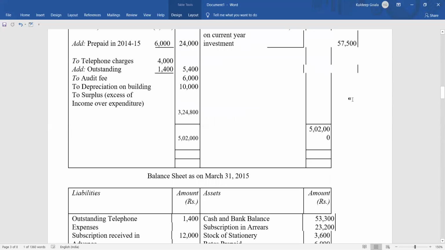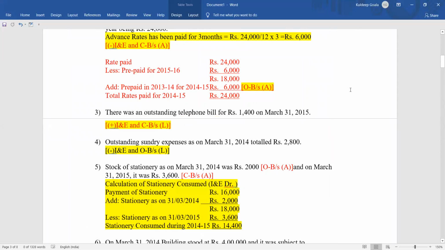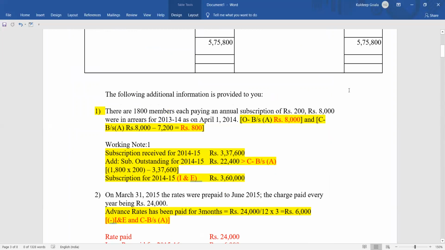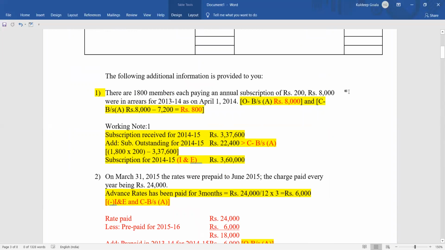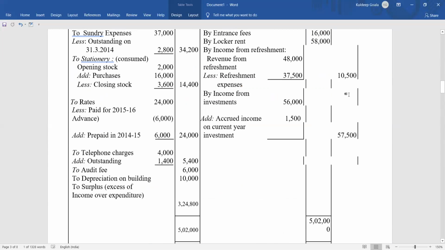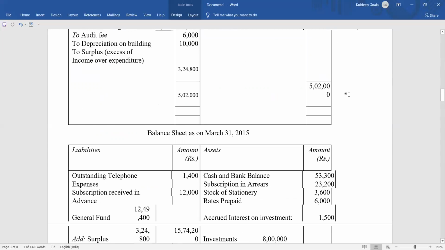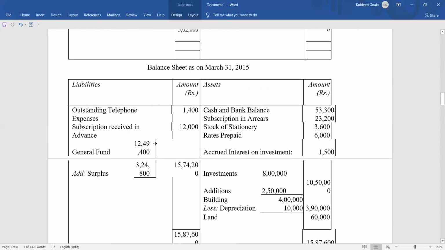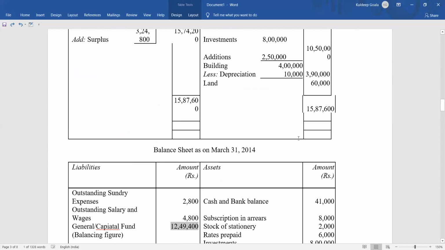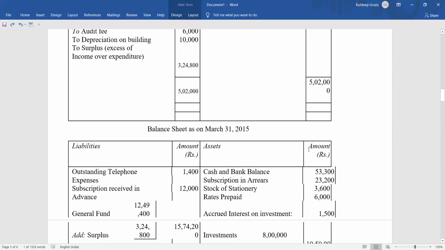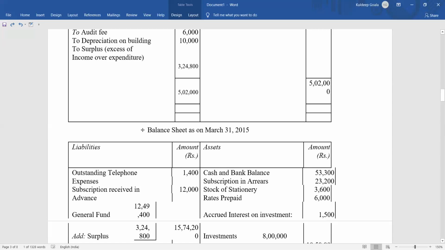So let's start with the closing balance sheet. First of all, we'll go with the liability side. And in the liability side, we can start with the liquidity method. That is, those items which have lesser lifetime will be shown first, and then we'll go for those items which have longer lifetime. Right. That is the liquidity method.